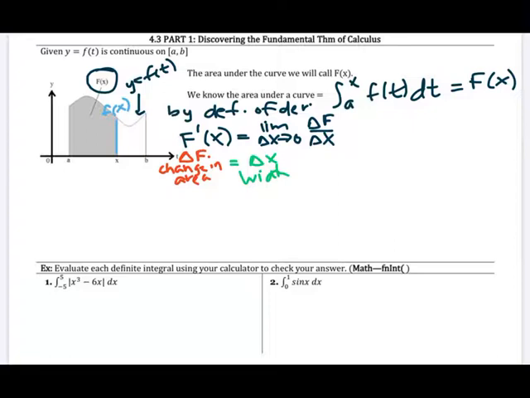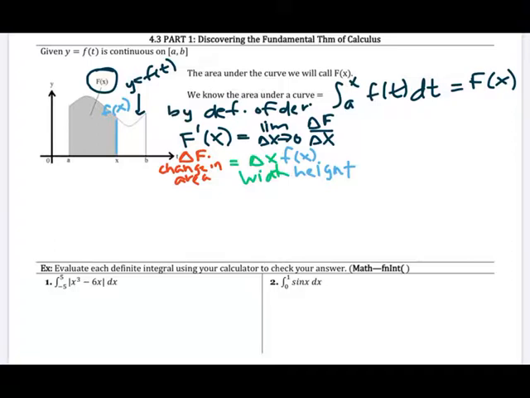I'm going to use blue for that. The height at this value is going to be lowercase f of x, because we're using that f of t function, but we're evaluating it at the value when t equals x. So this is our height. We're saying the definition of derivative gives us that capital F prime of x is the limit as delta x approaches 0 of delta F over delta x.